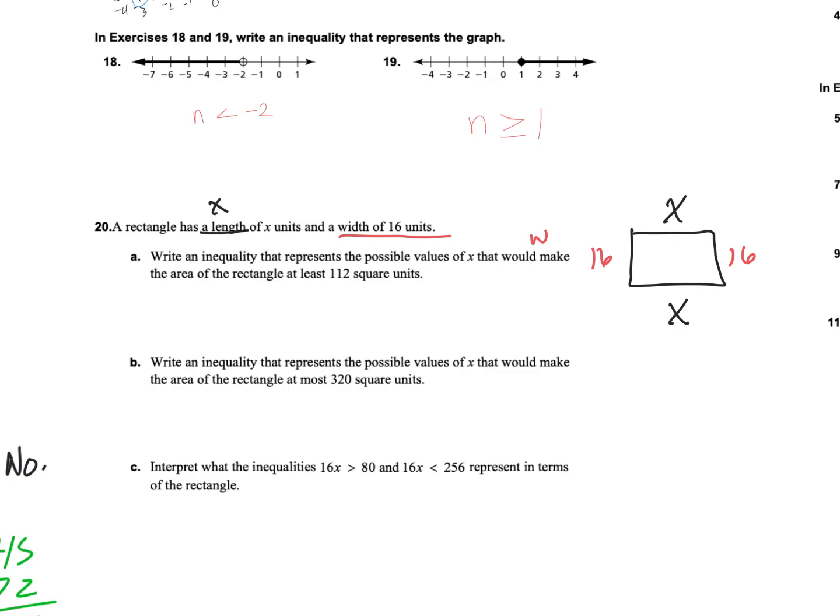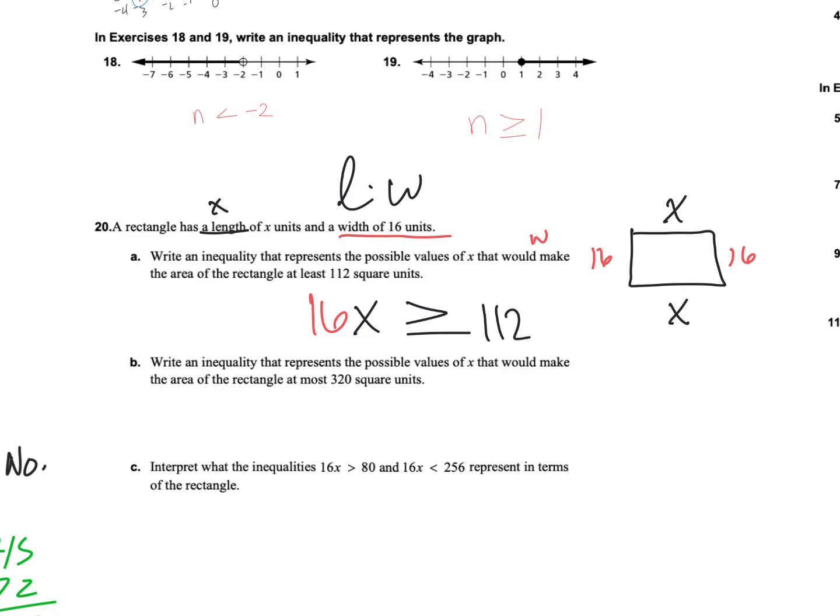There we go. Write an inequality that represents the possible values of X that would make the area at least 112 square units. I like this. It's going to be 16X because the area of a rectangle is length times width. That times that, right? And it has to be at least 112.